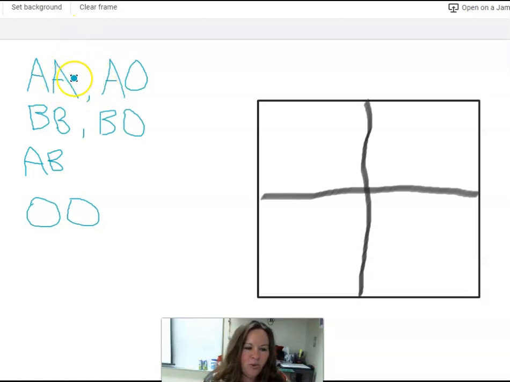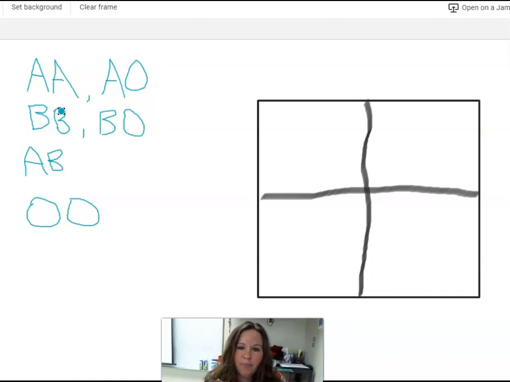All right, so you might possibly be homozygous A, so that means you got an A allele from mom and an A allele from dad. You might be homozygous B. That means you got a B from mom and a B from dad. And then the codominant condition, you get an A from one parent and a B from another.